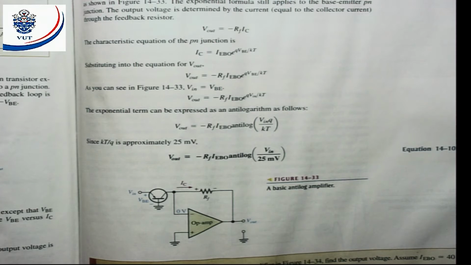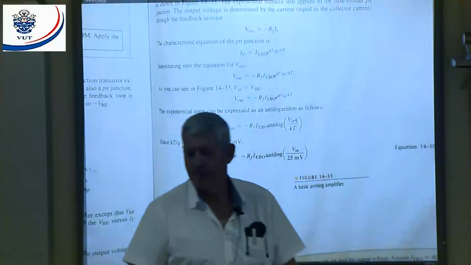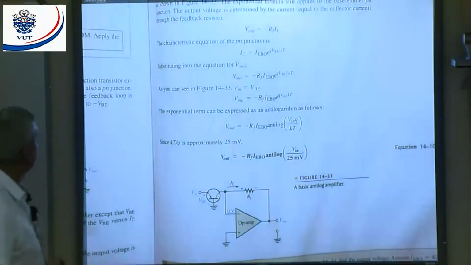Electronics 2, we go back to Electronics 2. What is IEBO? That is my leakage current or my reverse current. That's why they call it IEBO. Same as my reverse current or my leakage current in a diode.